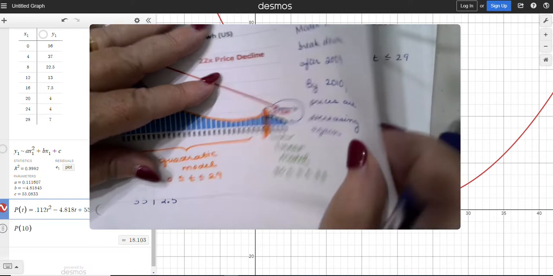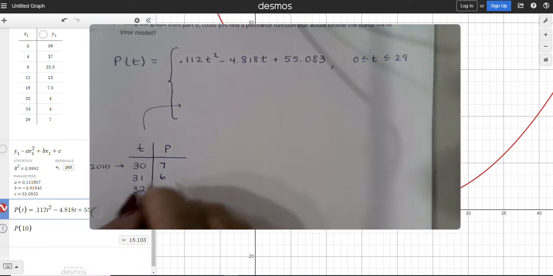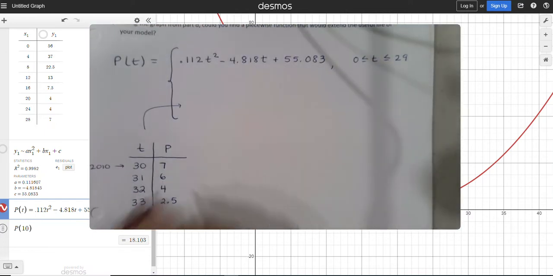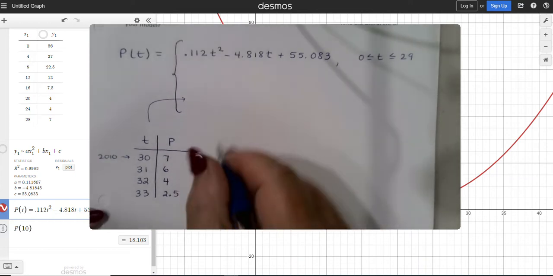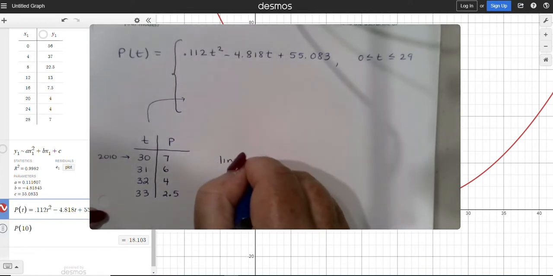Okay. Again, we're doing our very best to estimate, but we know these values aren't precise because I don't actually have the specific source data for that. But they seem reasonable based on my estimates from the graph. All right, we are going to do linear regression on this.